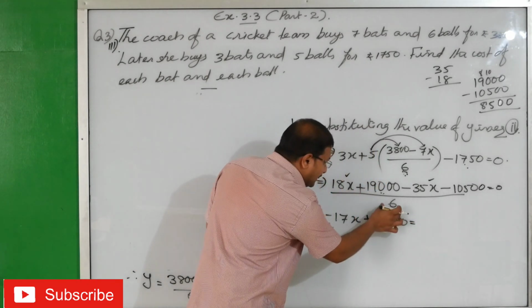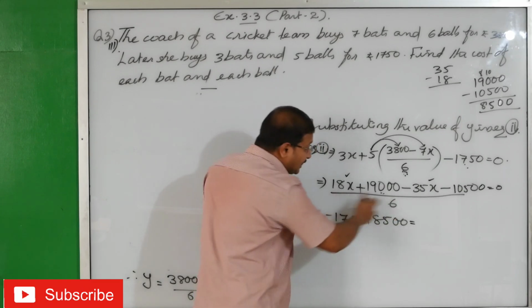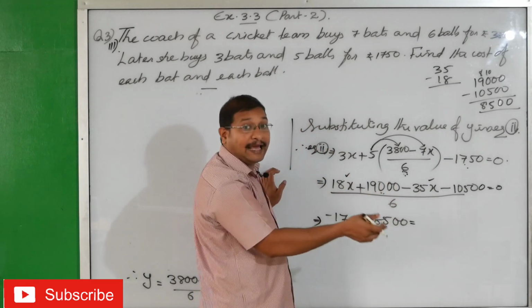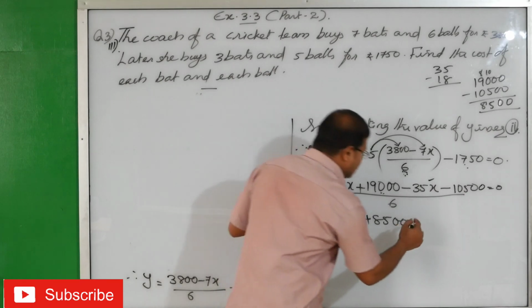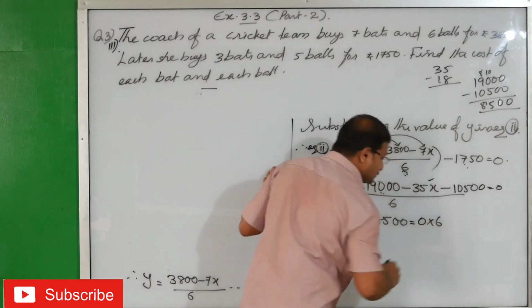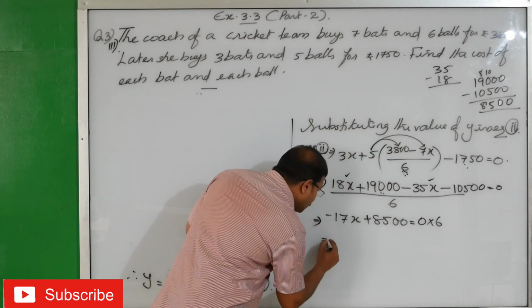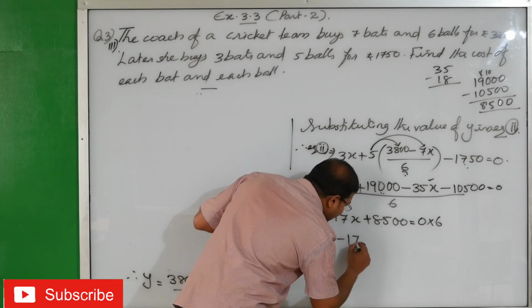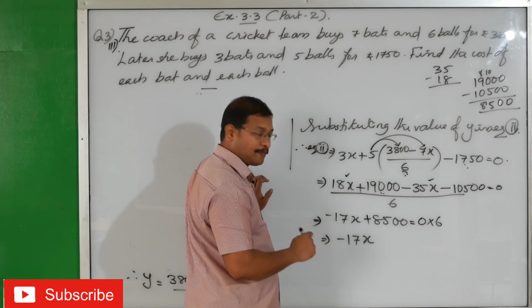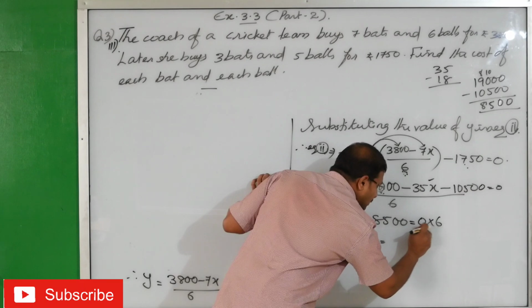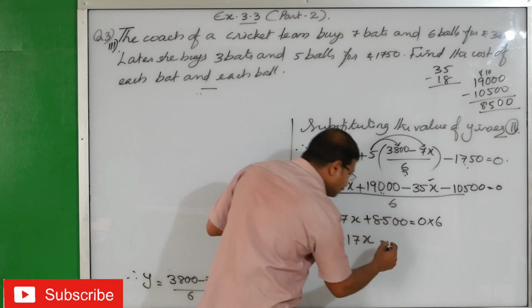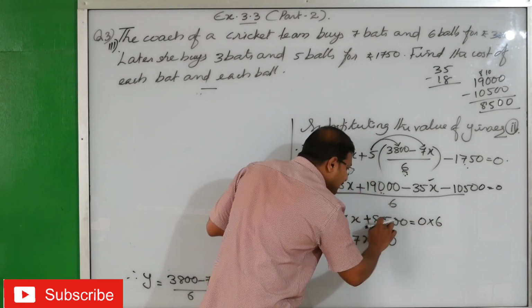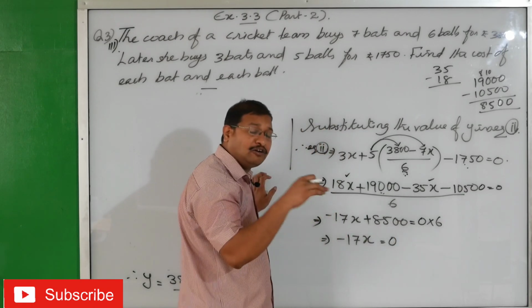Equals. Now what we'll do mean this division divided by 6. The 6 if I carry it next side will multiply. That means 0 into 6. Ready? This implies minus 17x equals the 0 into 6, 0. Now this plus 8500, that means 8500.